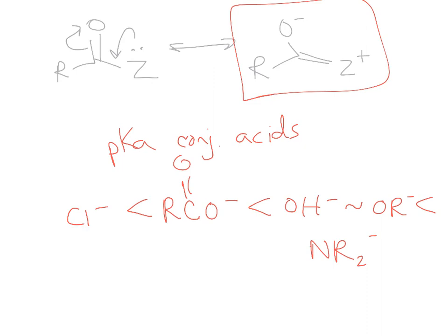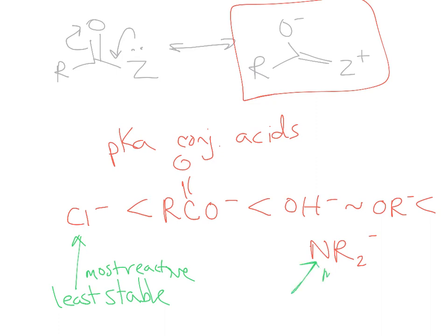So the deal is that the chlorides are the most reactive. The acid chloride is the least stable. So our carboxylic acid compound with the chlorine as Z is the least stable. It's the most reactive. Our amide, on the other hand, is the most stable, and so it is the least reactive out of all of these listed here.